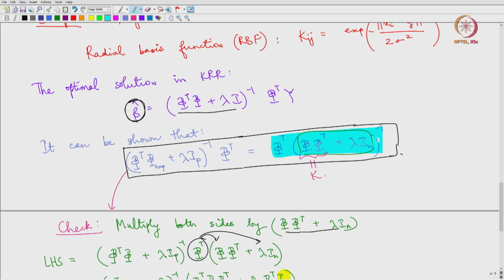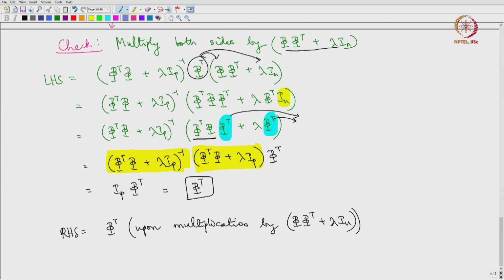So whatever is there on the left hand side, this whole thing you will replace with what is there on the right hand side.